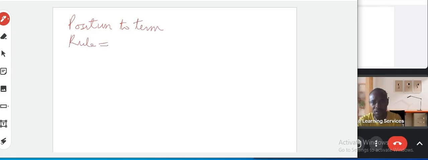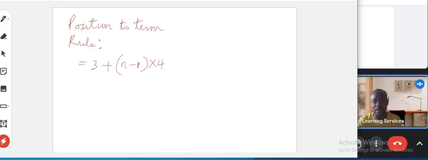We said this is the position to term rule. We said it's going to be 3 plus, open a bracket, n minus 1, then times 4.